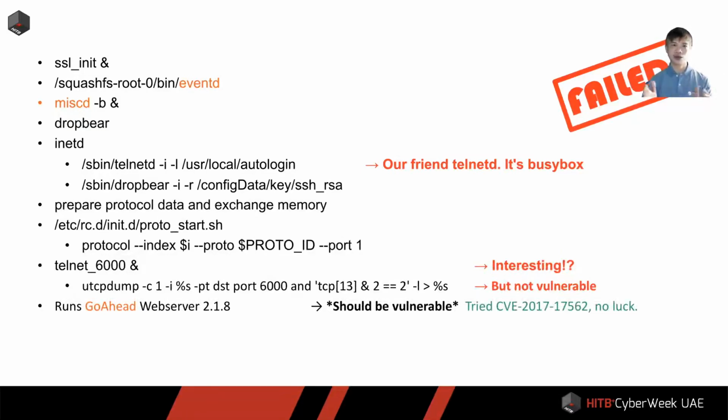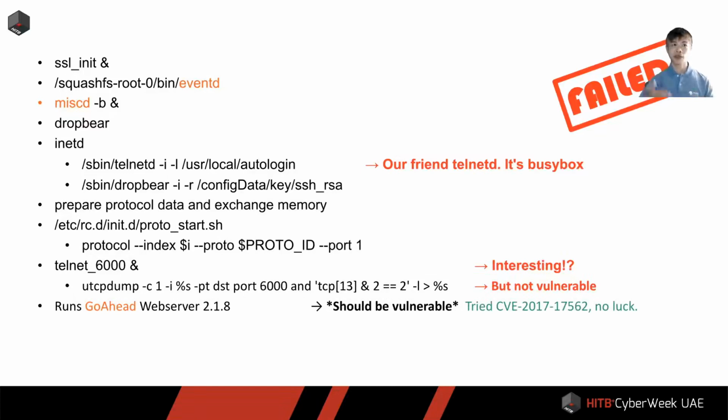And whenever you have a system call and a %s, there might be a chance to exploit it, but no. The inputs are fixed, so it's not vulnerable. And it's running GoAhead web server 2.1.8, so we have Googled it a bit and learned that it's vulnerable to CVE-2017-17562. So we have tried it, but it's not vulnerable. So maybe Moxa has already patched it.